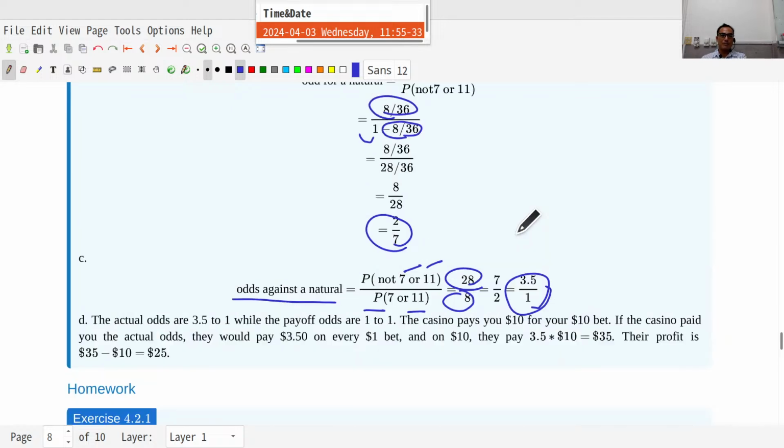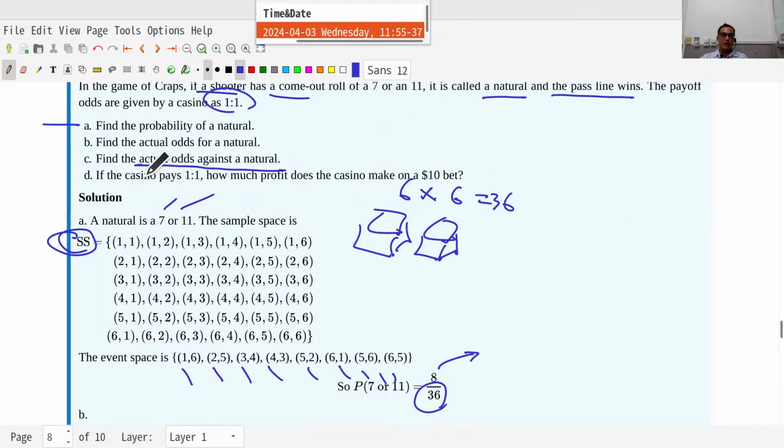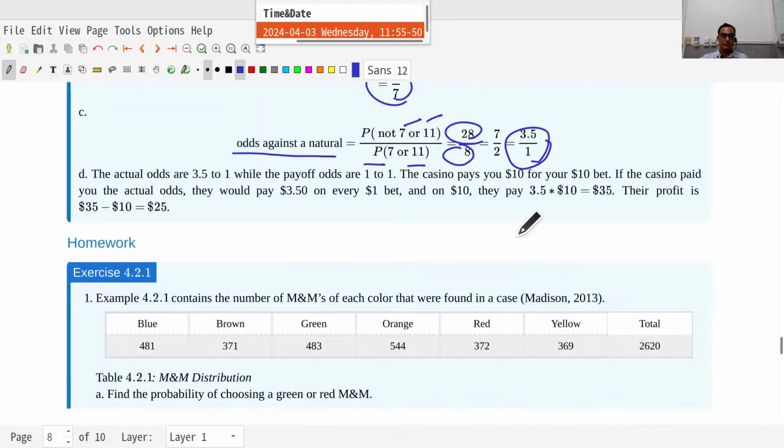Okay, the next question. If the casino pays 1-to-1, how much profit does the casino make on a $10 bet? According to the definition, the actual odds are 3.5-to-1, while the payoff odds are 1-to-1.